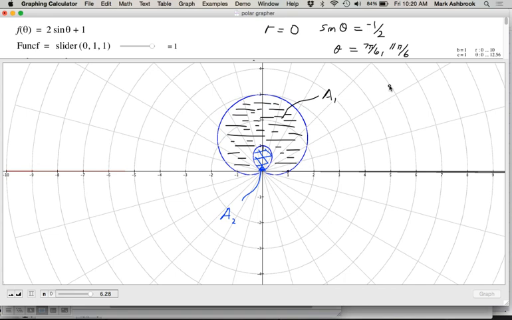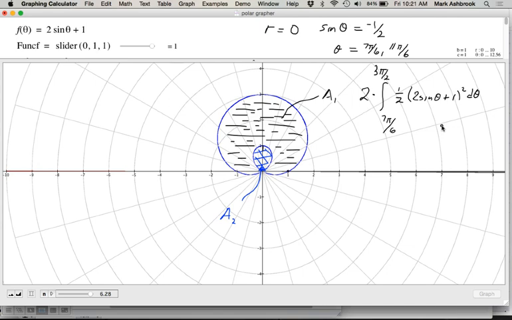So then to get the area, it would be what? This is what she's offered up: 2 times the integral from 7 pi over 6 to 3 pi over 2 of 1/2 the function squared d theta.